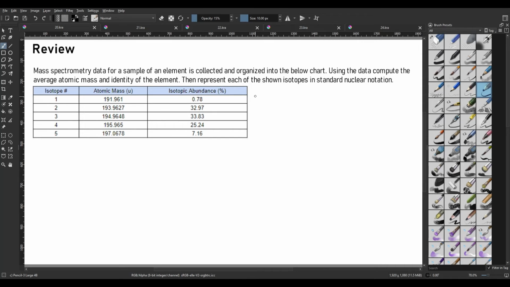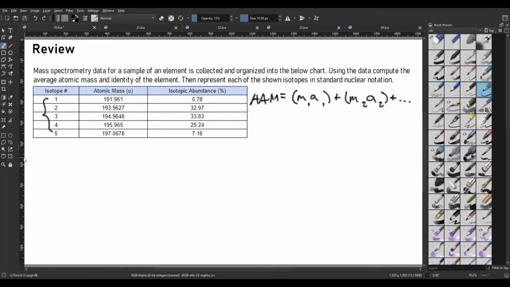So remember our formula for average atomic mass is going to equal the mass of isotope 1 times the relative abundance of 1, plus the mass of isotope 2 times the relative abundance of 2, plus and so on for all of them. In this case, we get to do that 5 times, not just 4 or 5. So why don't we expand this?